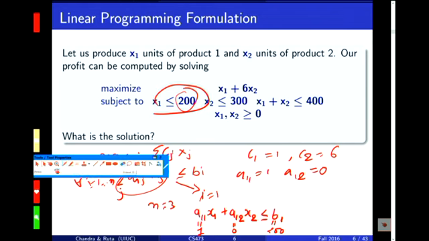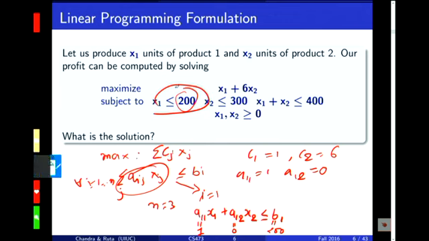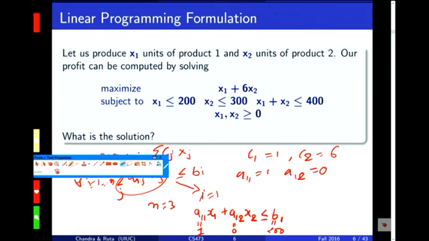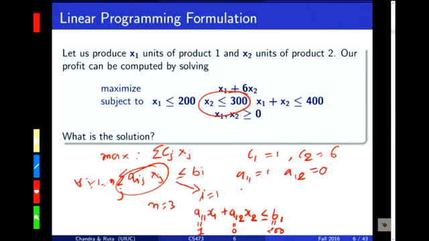Now what is A21? So this is the second constraint. So A21, that is in the second constraint, what is the coefficient of x1? 0, right? In the second constraint, what is the coefficient of x2? Right?